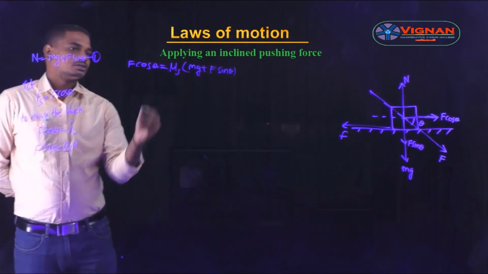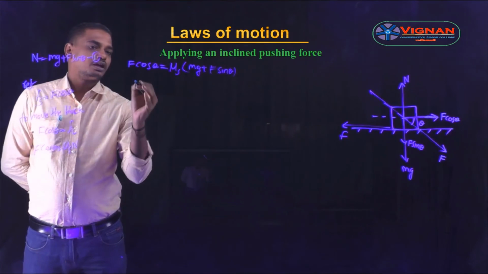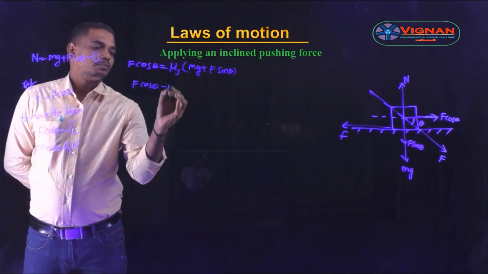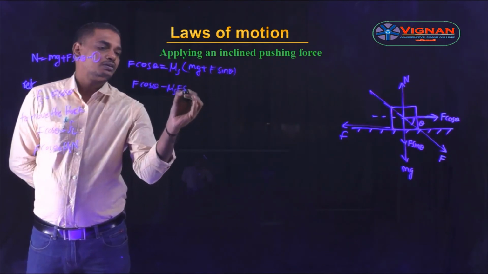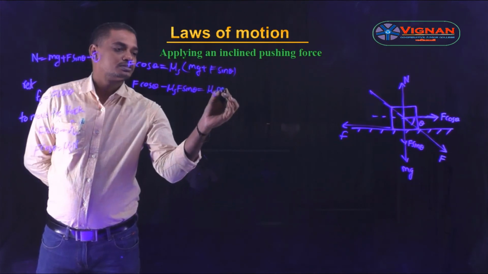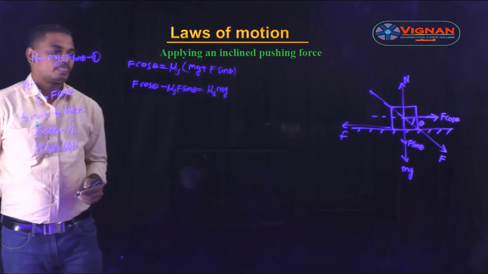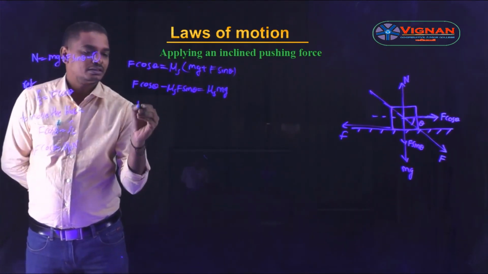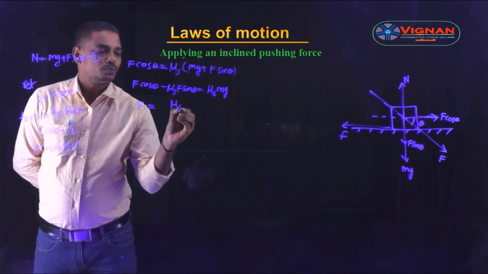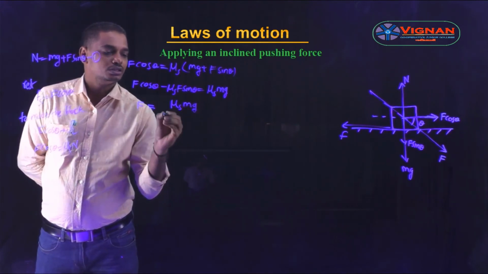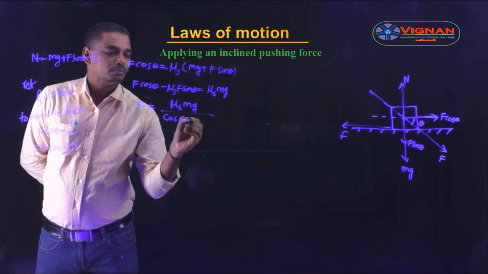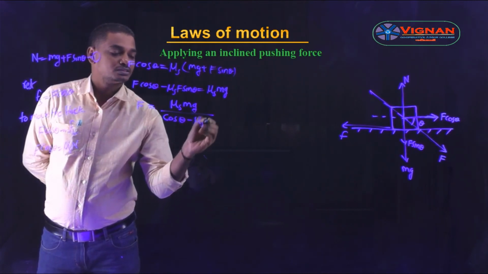Simplifying this equation, we get F cos theta minus mu s F sin theta is equal to mu s mg. By taking F common, F can be written as F is equal to mu s mg divided by cos theta minus mu s sin theta.